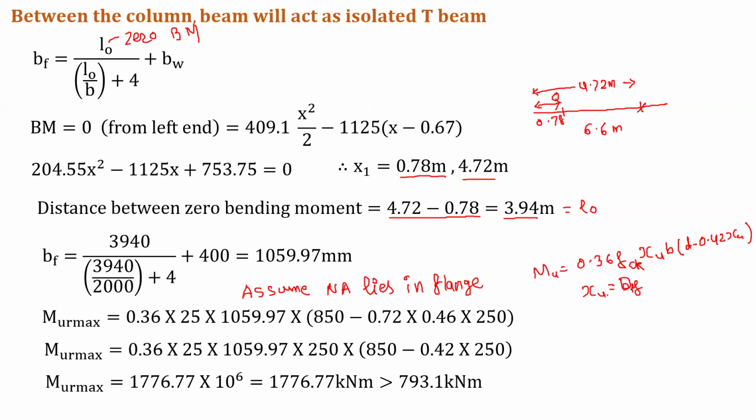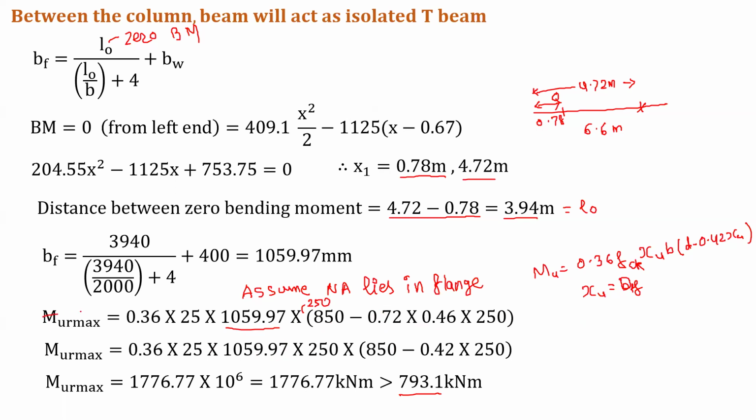And then we are checking if Mu is greater than Mu, that is 709, then it is 793, then it is in flange. So we have to directly use value of Ast, and for that one we have to use value of BF. So we have that B is mentioned over here 250, and by using this we are going to get, sorry, this is 0.42.